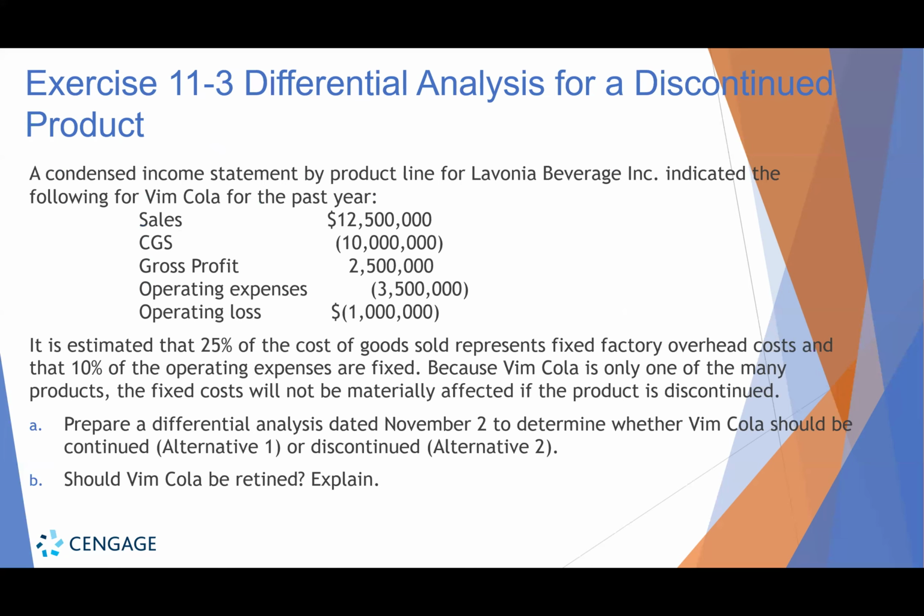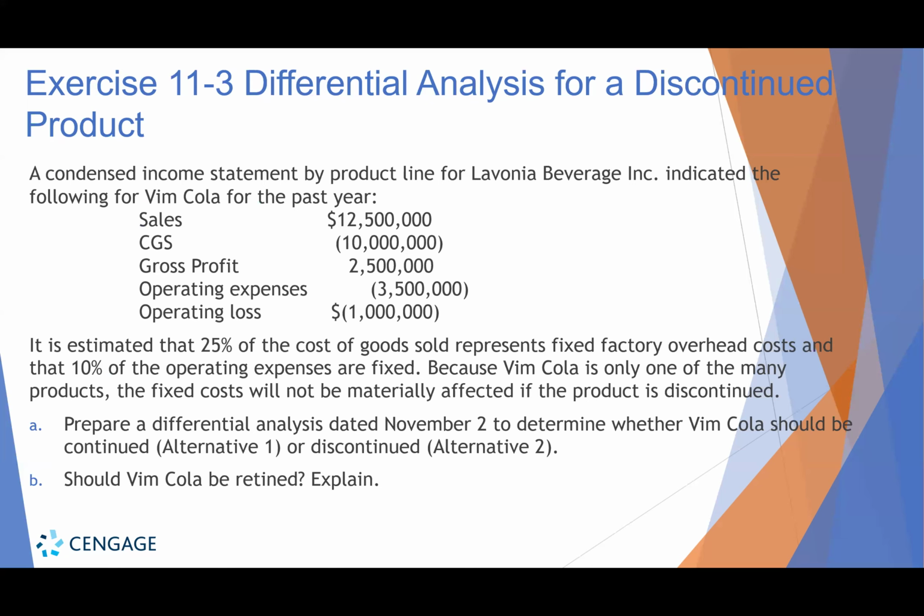So a condensed income statement by product line for Livonia Beverage indicates the following for Vim Cola for the past year. It shows our sales, our cost of goods sold, our gross profit, our operating expenses, and our operating loss.